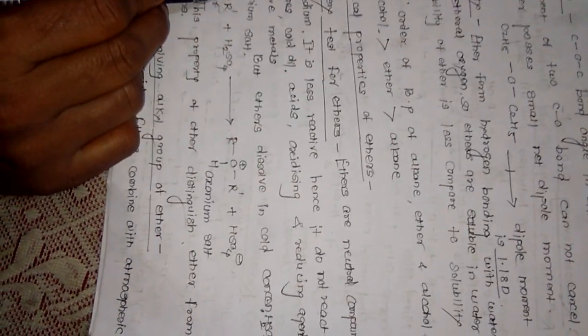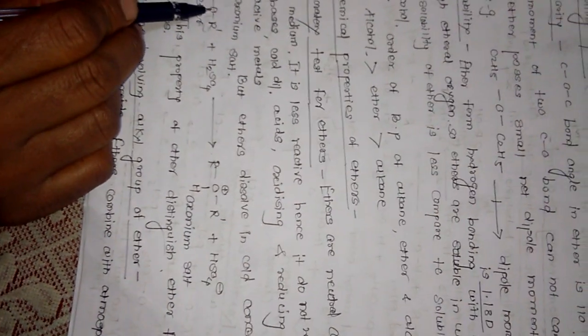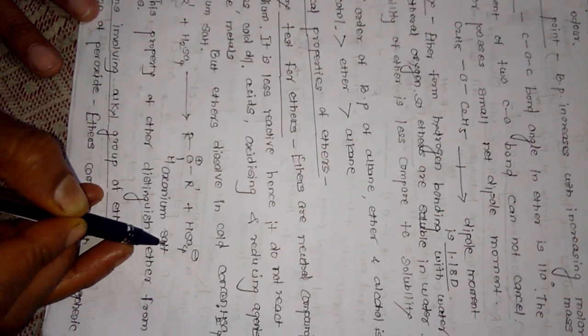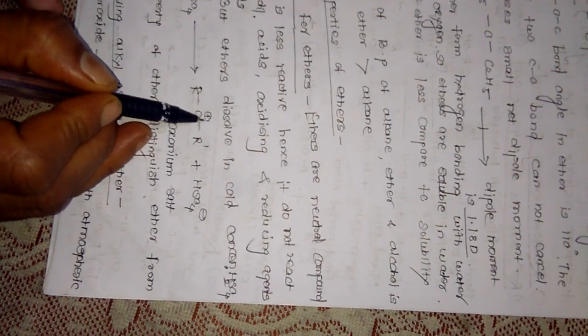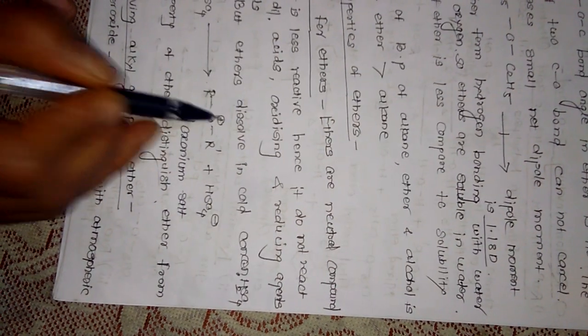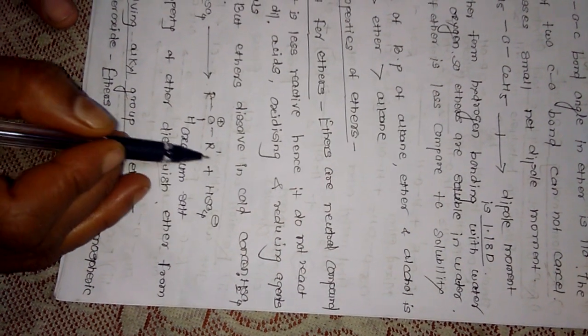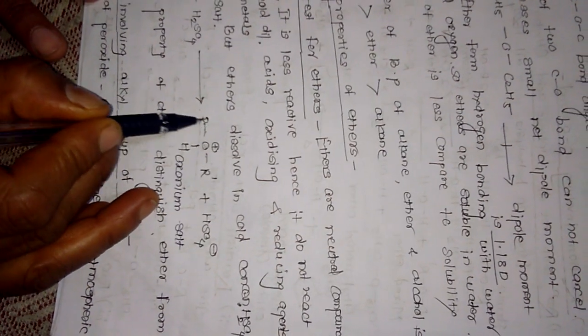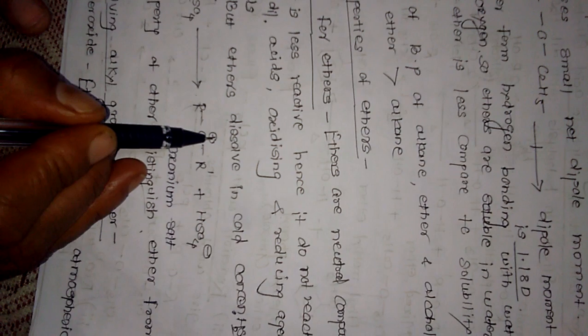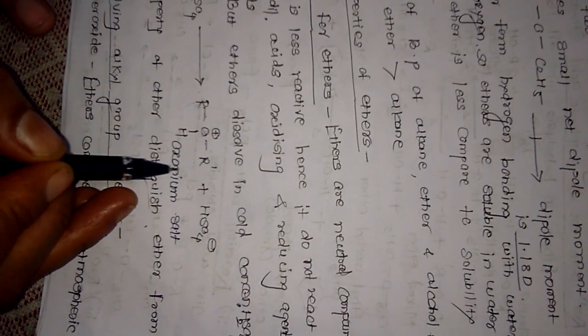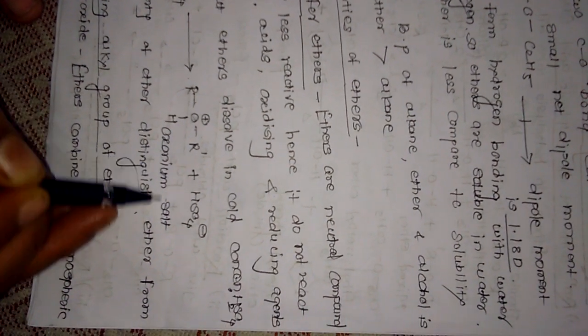This H plus attacks on O. From this H plus attack on O, it forms the oxonium salt. Oxygen is divalent, but here it is trivalent, so it acquires a positive charge. This is known as an oxonium ion.